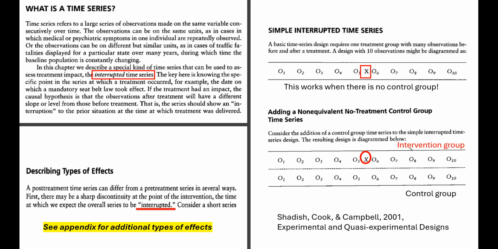On the top row we have our observations and treatment for our intervention group, and on the bottom row we have the observations for our control group. You'll notice there is no X between the 5th and 6th observations in that bottom row, because that's our control group. Our treatment is solely for our intervention group on the top row of this display.